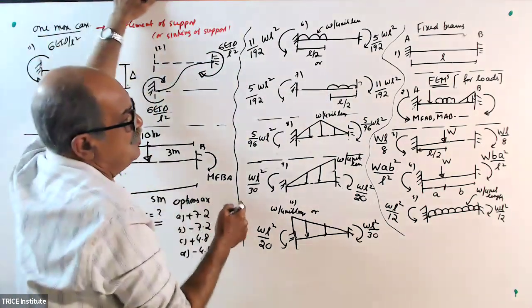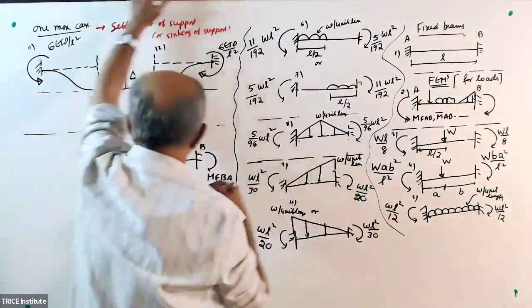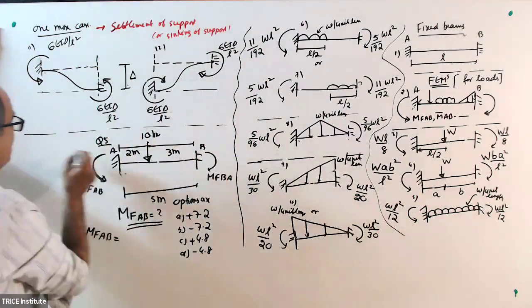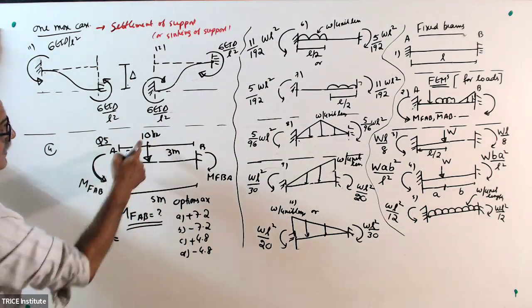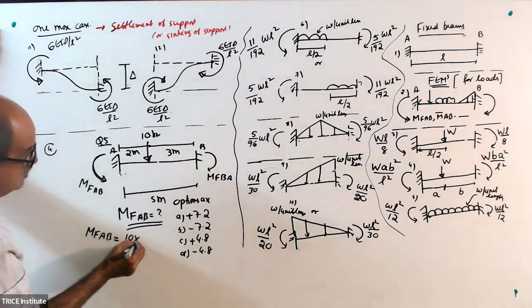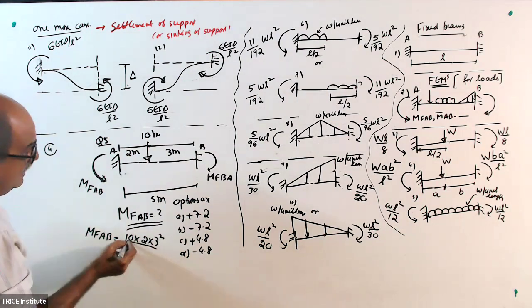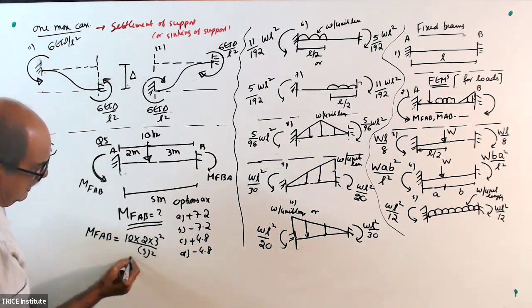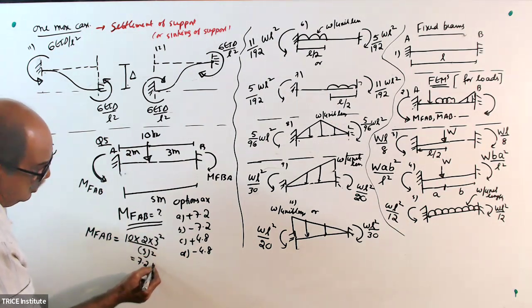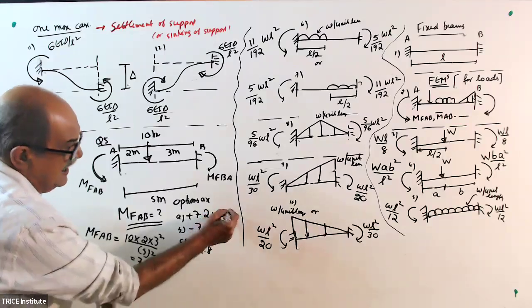The formula to be used is which one? Fourth formula. Use formula number 4: 10 into 2 into 3 square by 5 square will come 7.2 kilonewton meter. So this is the correct answer.